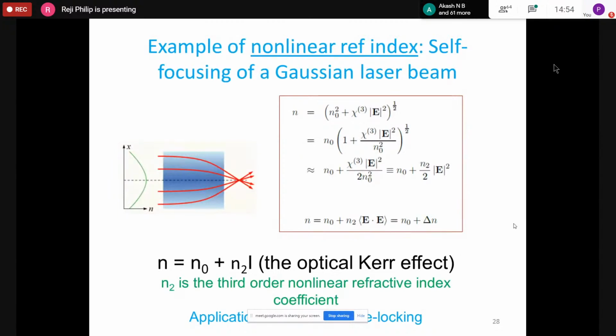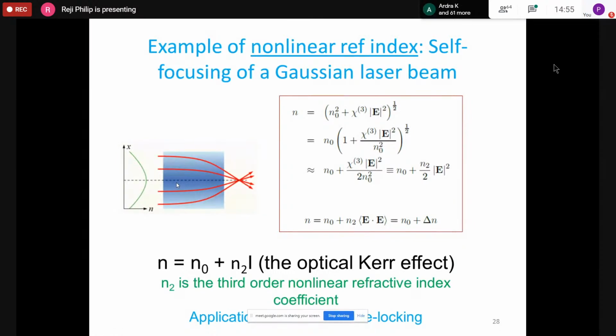When light passes through a material, its speed is completely dependent on the refractive index of that material. We just saw that in the central region, the refractive index is high. So the velocity of light in this region will be less, because it is given by c over n, where c is the velocity of light in vacuum.